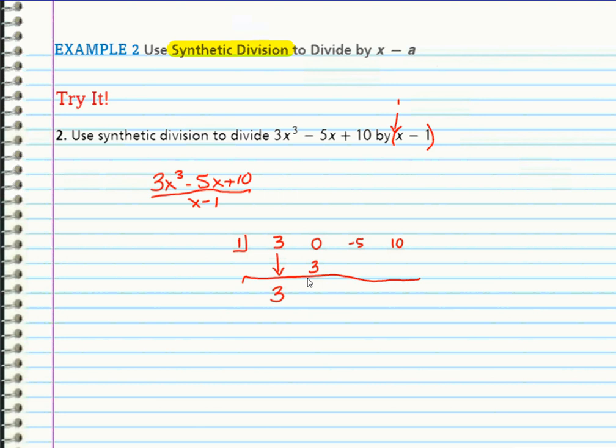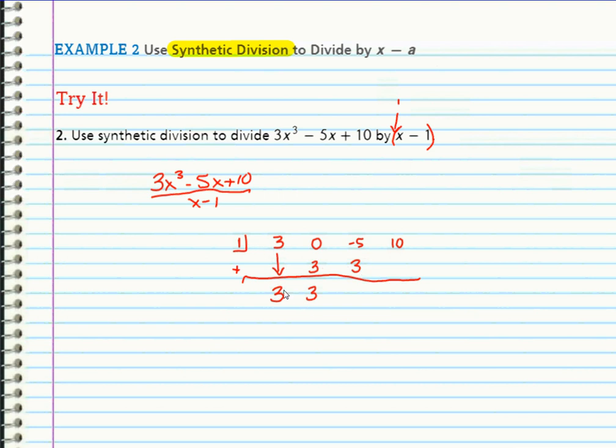Now, this is where it differs from long division. You add throughout here. So 0 plus 3 is 3. 1 times 3 is 3. You multiply, and you add straight down. Multiply and add straight down.